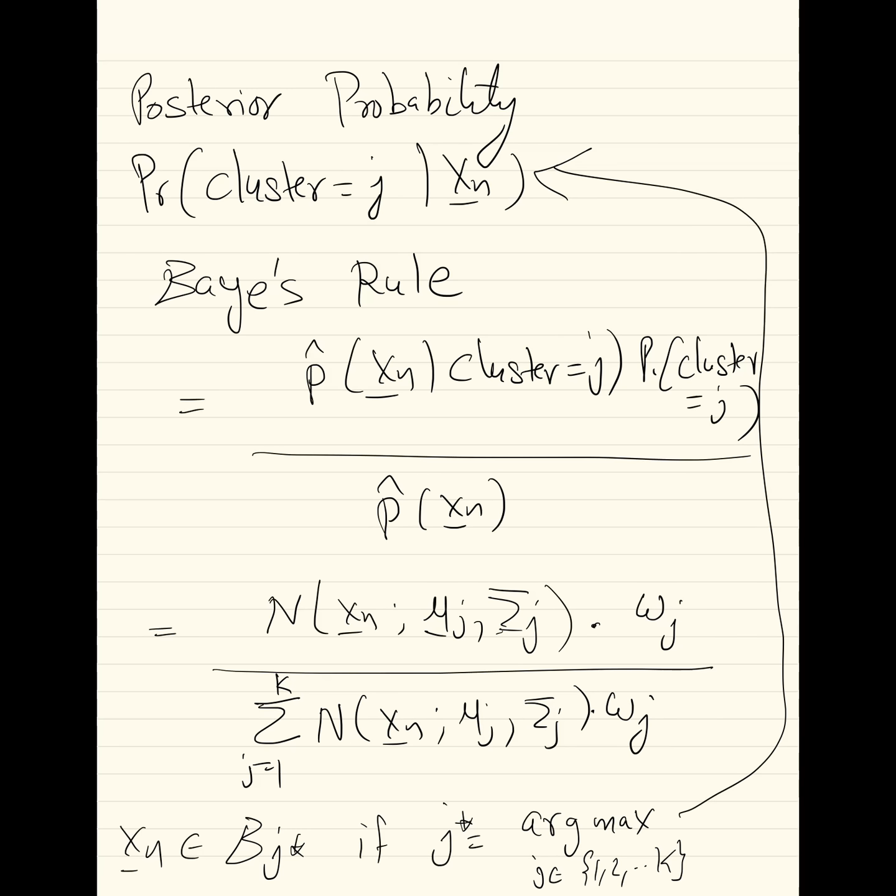So xn belongs to bj star if j star is the argmax. If you look at this carefully, the denominator does not depend on j, so it's just a constant across all values of j. So you just have to maximize the numerator, which is the product as was pointed out before.